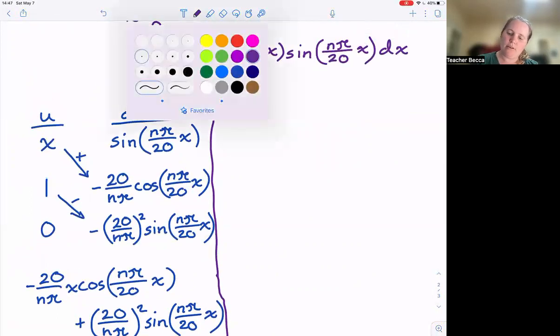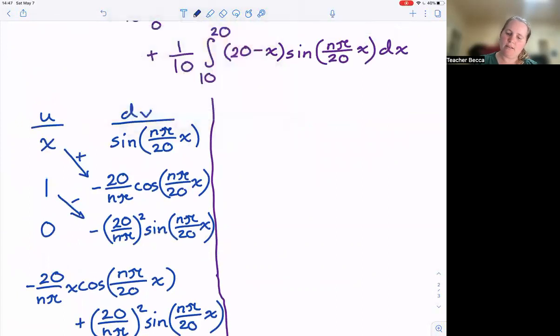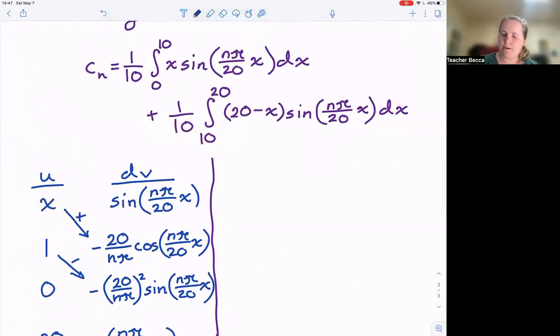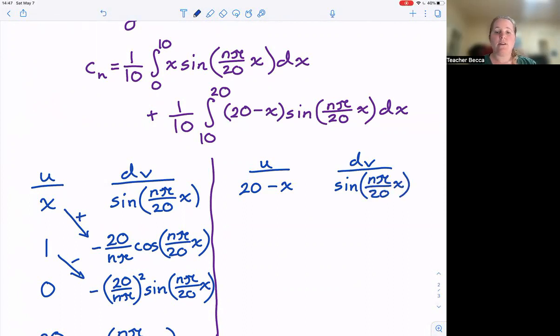And then for our second integral, we will set our u to be 20 minus x, our dv to be sine of n pi over 20x. Differentiating down the left side, that 20 minus x will go to negative 1, followed by 0.